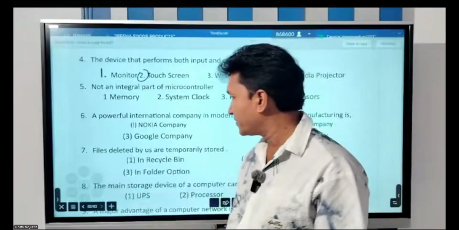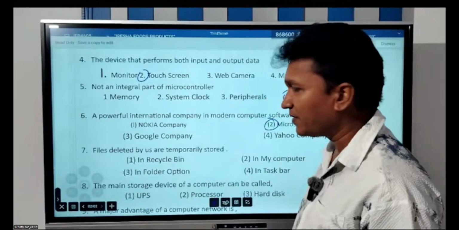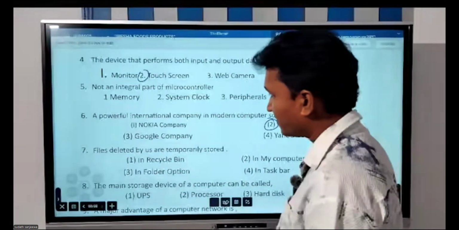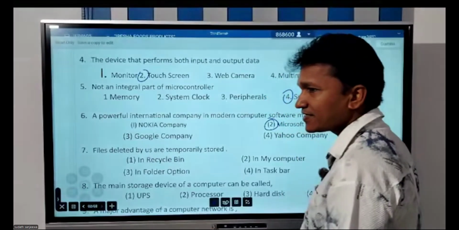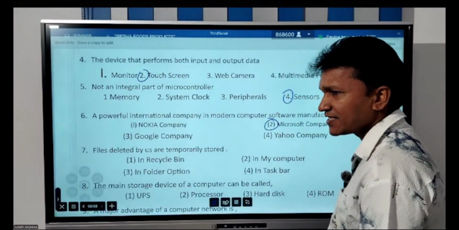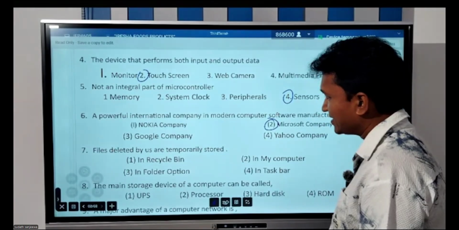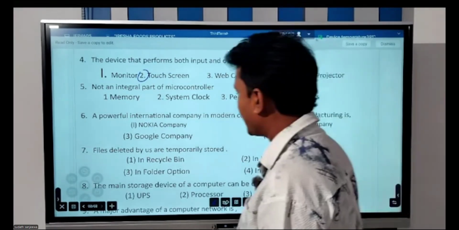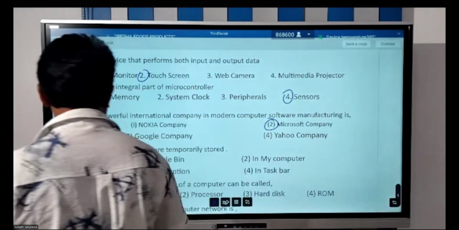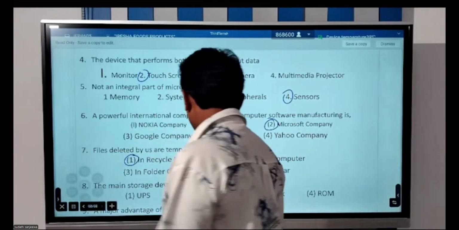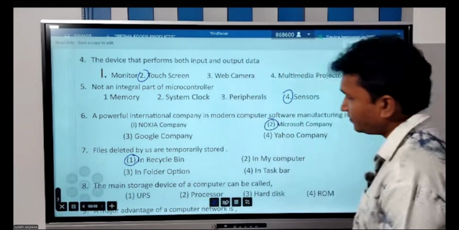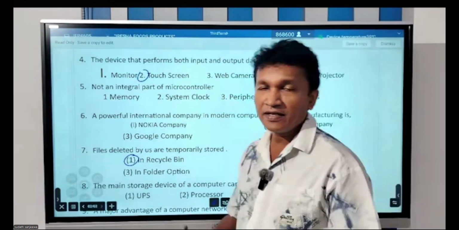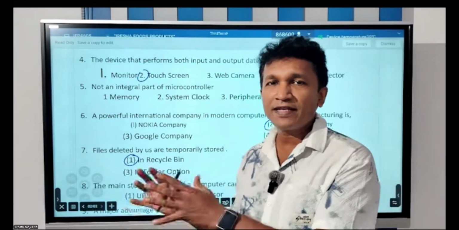When we delete a file, it automatically goes to the temporary folder, because if we mistakenly delete that file, we can recover it from the recycle bin. If we deleted it by mistake, it is in the recycle bin and we can restore it again. Right?